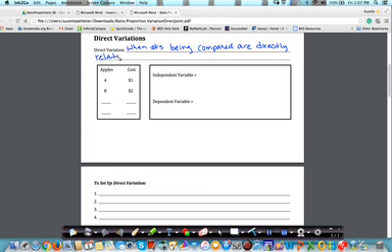In other words, for example, as one increases, the other increases. Or it could be as one decreases, the other decreases. Or as one increases, the other decreases. They don't have to necessarily both be increasing or decreasing by the same amount. It's just that they're directly related to each other, okay?